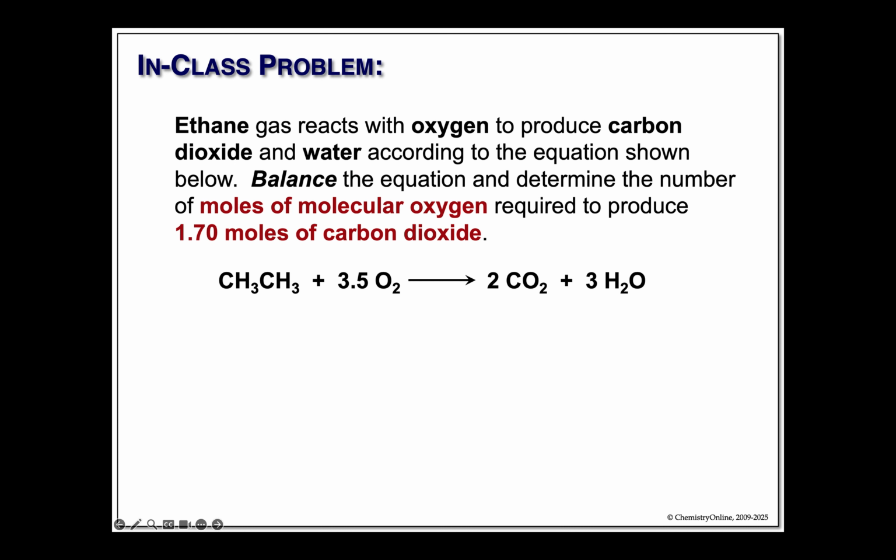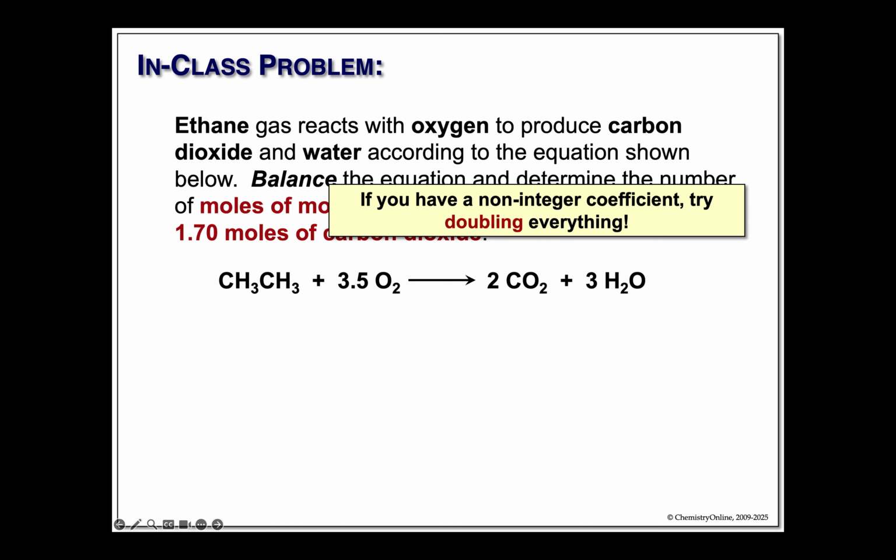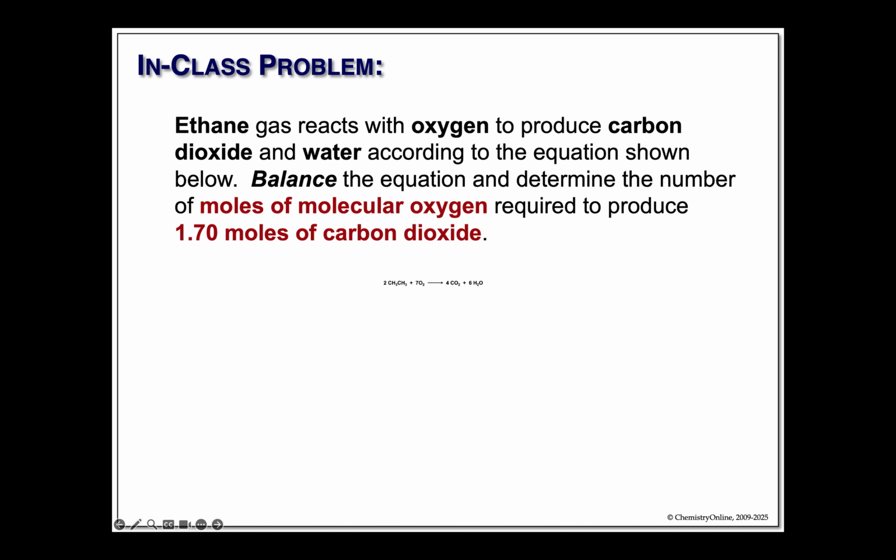So whenever you have something like this, where you have 3.5, 6.5, whatever, first thing to do is just try doubling everything. Instead of 1 ethane, we would have 2, 7 oxygen, 4 CO2s, and 6 waters. Yep, that works.